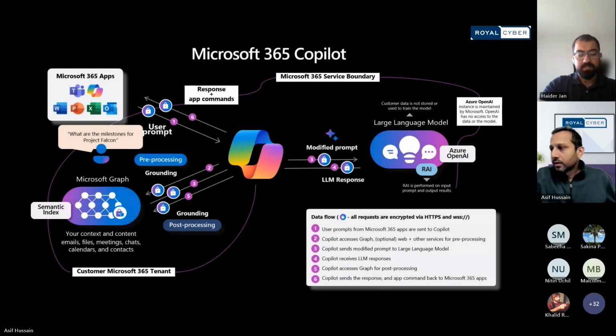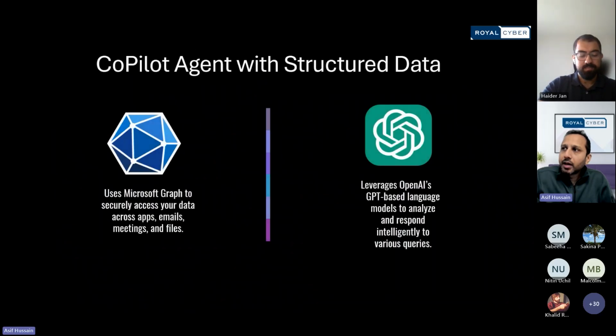Let's jump right away. Here are some other things you can see, like how it does. Now, as I already told, Copilot works best with structured data because of Microsoft Graph.